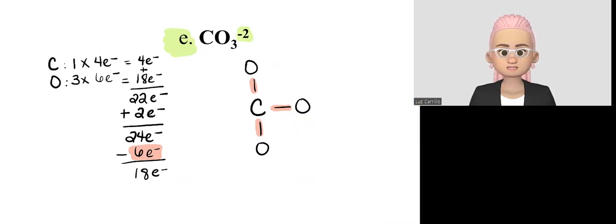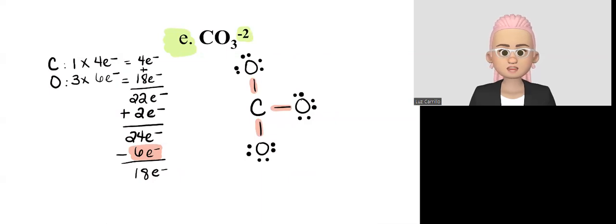Now let's understand that we have to complete the octets of the outside atoms first. So each oxygen atom, because they're already sharing 2 electrons with carbon, will receive 6 electrons in order to complete their octets. So we have 2, 4, 6 electrons added to the first oxygen, 2, 4, 6 added to the next oxygen, 2, 4, 6 electrons added to the third oxygen.